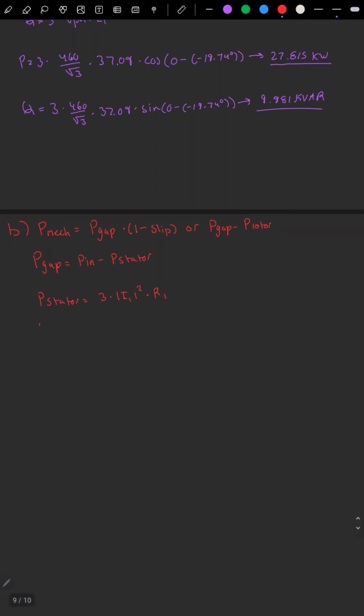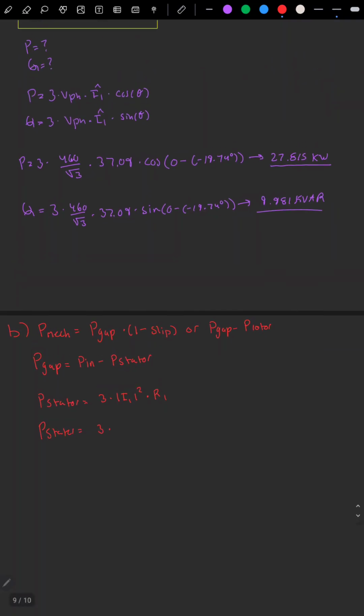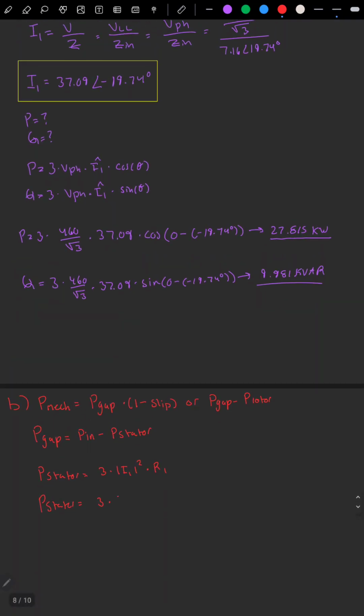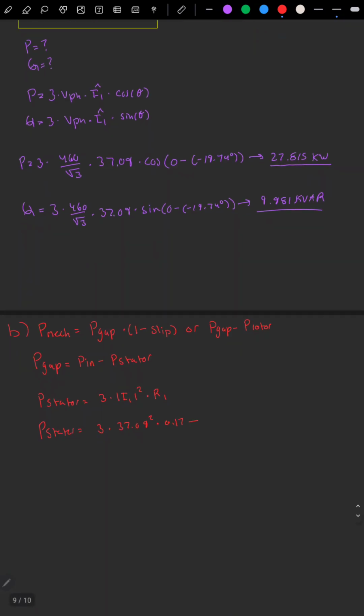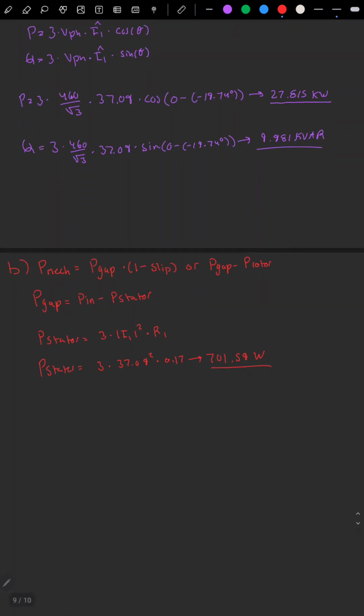Okay, so P stator is going to equal 3 multiplied by I1 squared multiplied by R1, which is going to yield 701.59 watts.